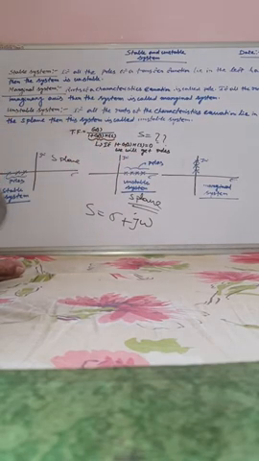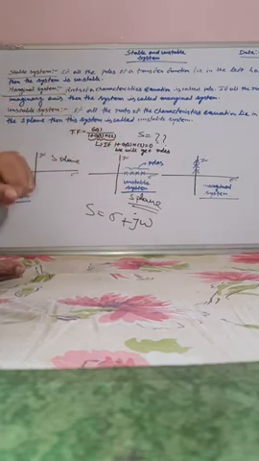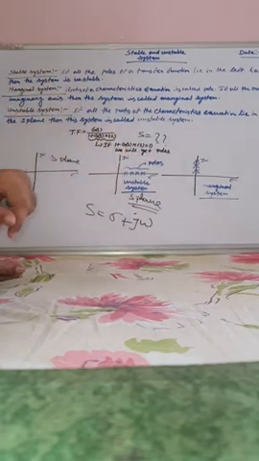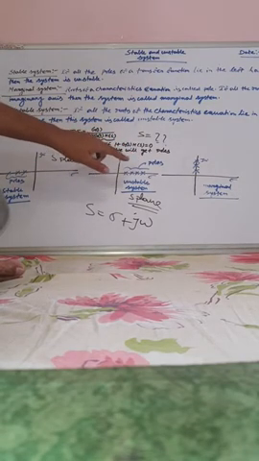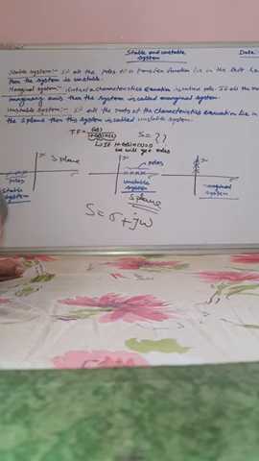All the poles lie within the right half of the s plane. So the system is unstable.